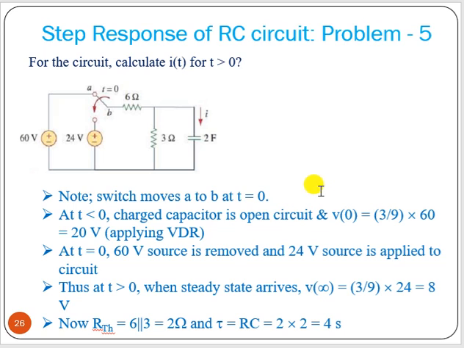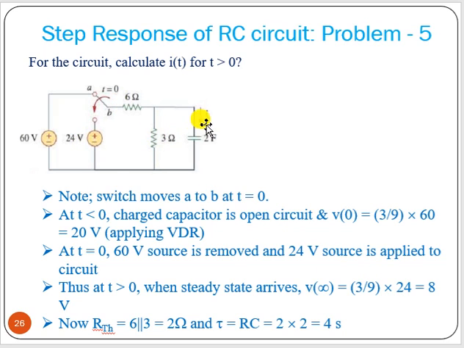Now another problem in that set. When t less than 0, the switch is at point A, then what is the voltage across the capacitor? That will be by voltage divider, 60 into 3 divided by 9, so that will be 20 volt. And after switching, it comes to this point, so at that time the voltage will be 24 into 3 divided by 9, so 8 volt.